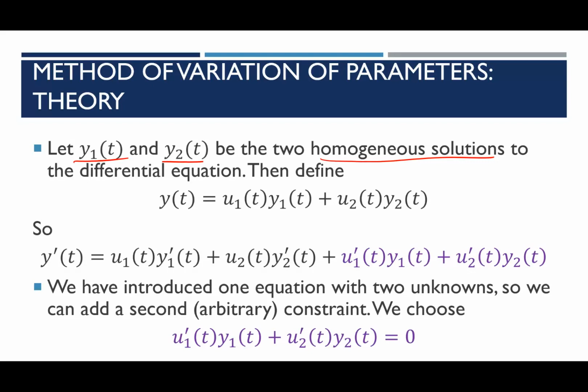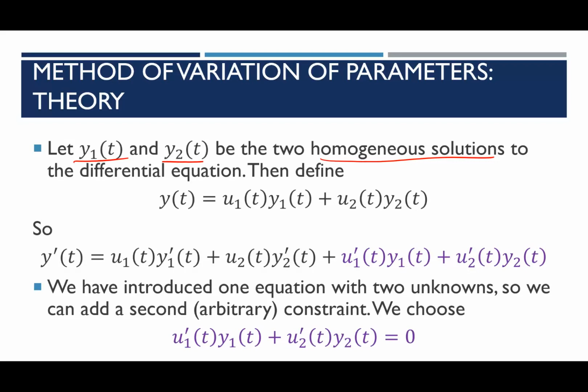Well, here we step our game up a little bit. Instead of saying it's a linear combination, we're going to say it's some unknown function times y1 plus some unknown function times y2 is my complete solution.